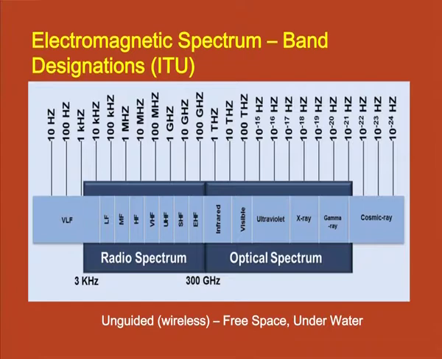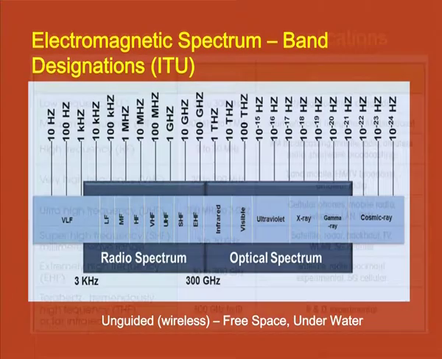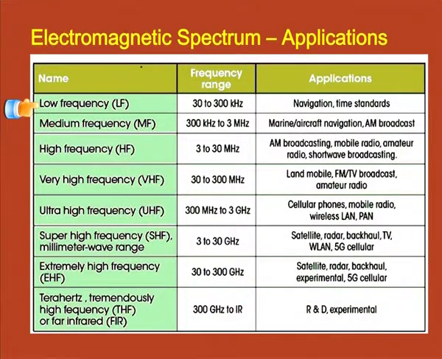So, the frequencies from 10 hertz to 10 kilohertz are called very low frequency, then 30 kilohertz to approximately 300 kilohertz is called low frequency, then 300 kilohertz to 3 megahertz is medium frequency, then 3 megahertz to 30 megahertz is high frequency, 30 megahertz to 300 megahertz is very high frequency, and 300 megahertz to 3 gigahertz is ultra high frequency. 3 gigahertz to 30 gigahertz is called super high frequency, and 30 gigahertz to 300 gigahertz is called extra high frequency.